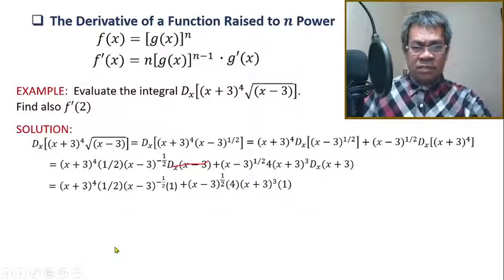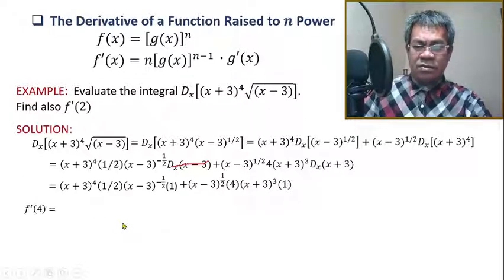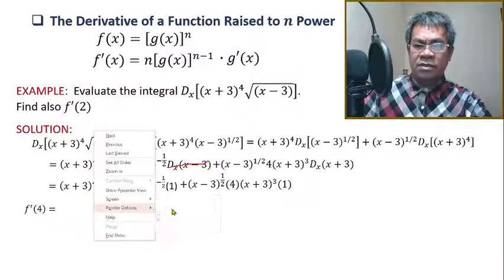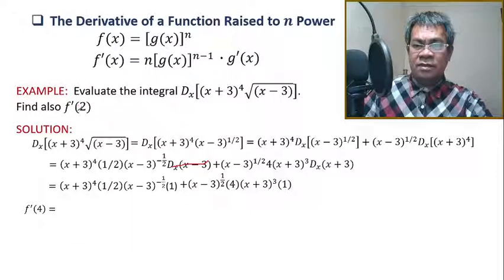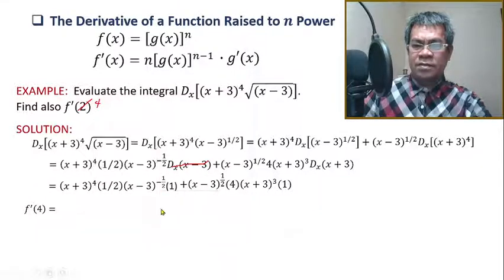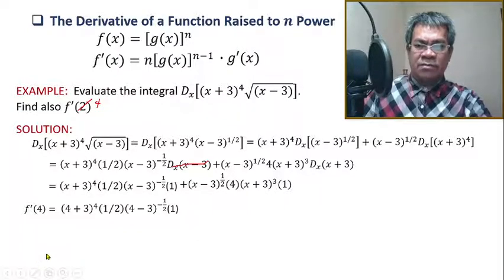Then this is purely algebra. All you need to do is substitute in the value. By the way, this is 4. I used 4, so sorry. I think this should be replaced by 4. So replace all x's by 4.